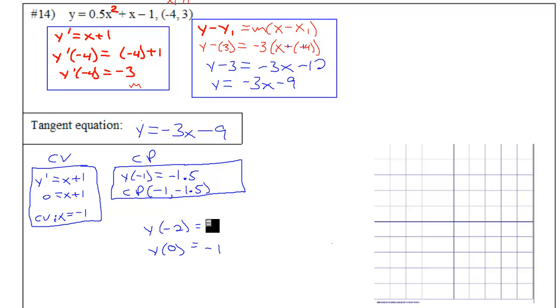Scratch that, this is not -5, it's also -1. We're comparing those -1s to this -1.5. Both of these are above -1.5. If they're both above, that means that we have a minimum here at -1, -1.5. We knew that all along. We knew this was a parabola that opened up. So nothing that we didn't already know.